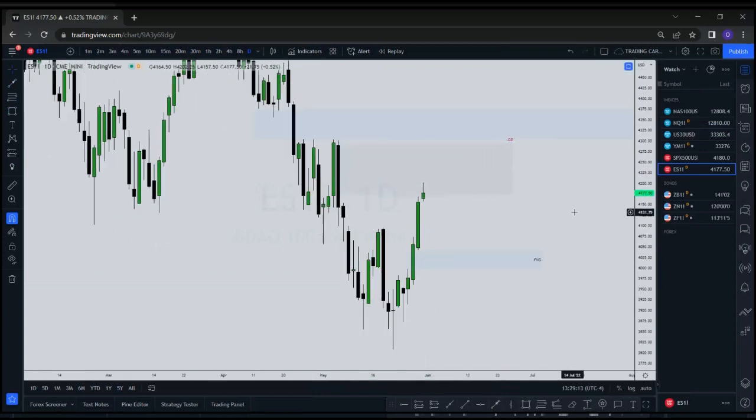Okay, so these are the two important PD arrays we've got on the premium side and then on the discount side.